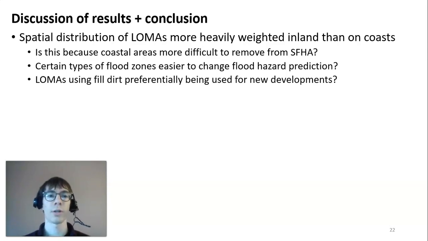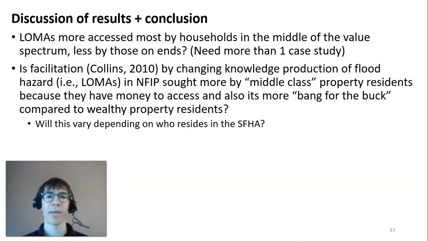Or even that there are different types of LOMAs that occur, so some of them just use changes in the hydrology or hydraulic data, though some of them rely on actual physical topography change and bringing in fill dirt. So is that an impact? That all still needs to be worked out more.